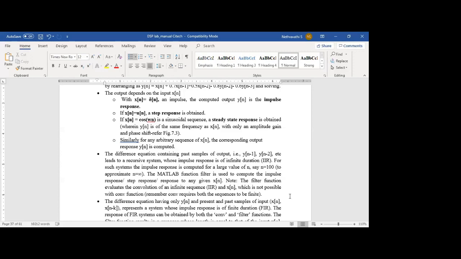So the filter function evaluates the convolution of an infinite sequence and my x of n. If you want to get an output y of n, I'm trying to find the convolution of two things: one is the input x of n, the other is the infinite sequence, for n equal to some particular number. It can be 50, 100, or 1000 also.